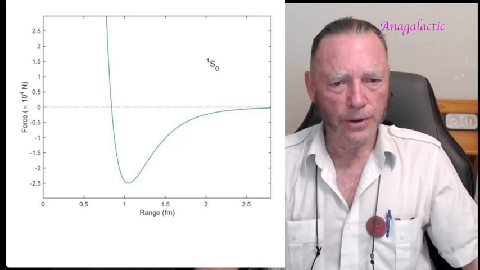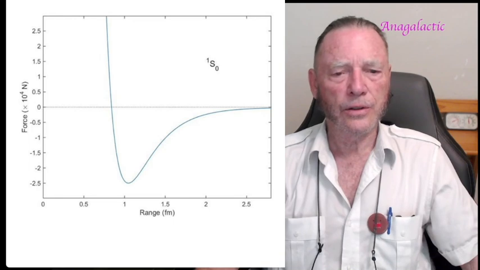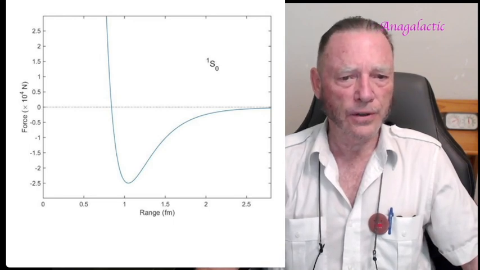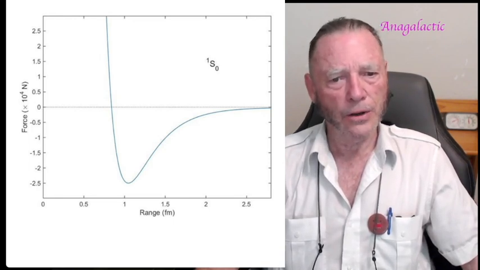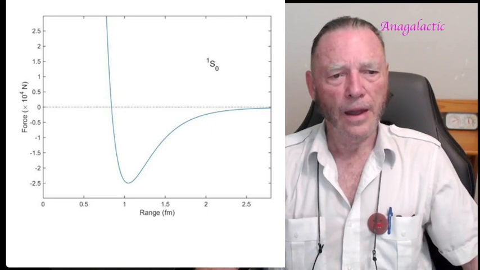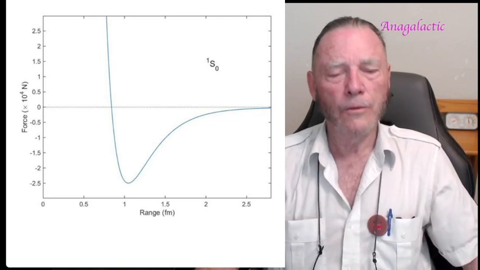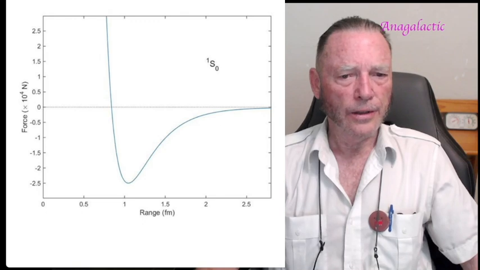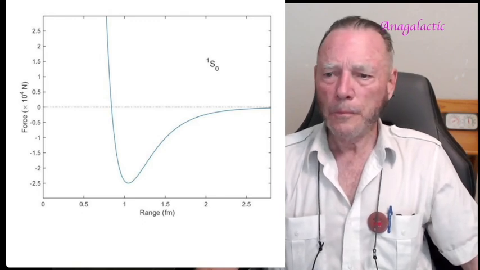In older language, the x-axis is called the abscissa. That's what Roger Boscovich called it. And the vertical index is called the ordinate.